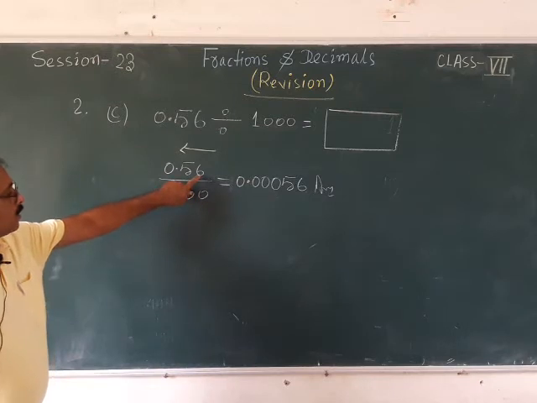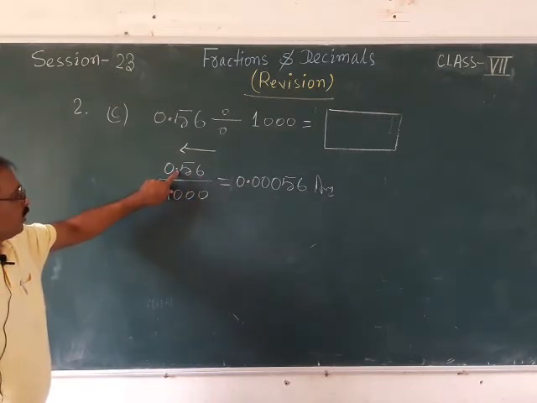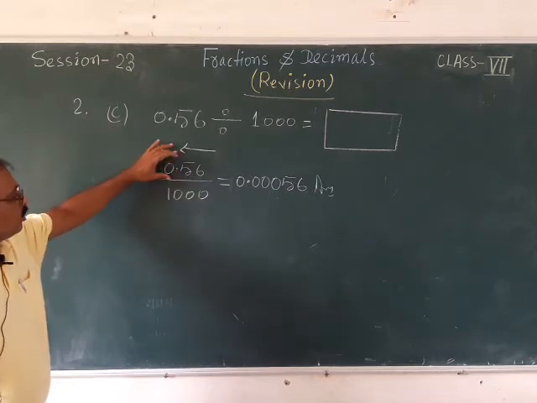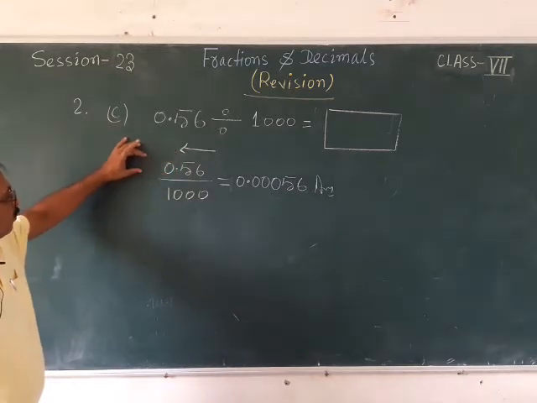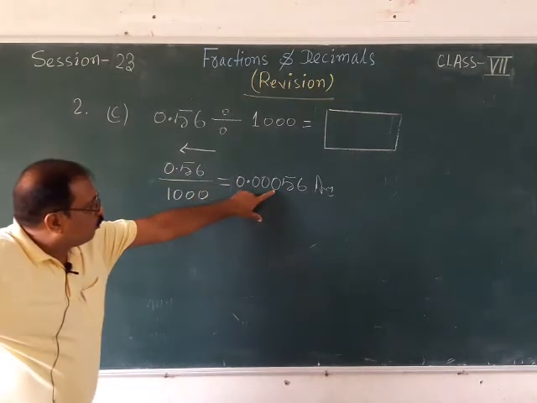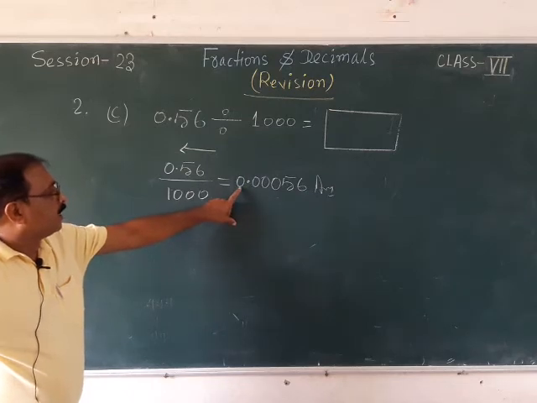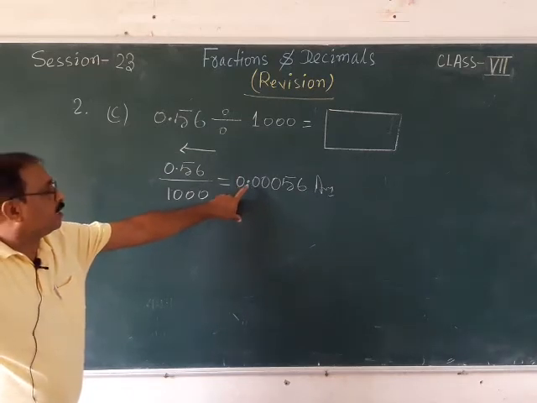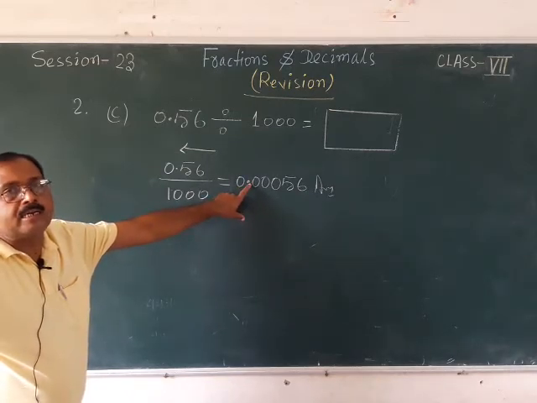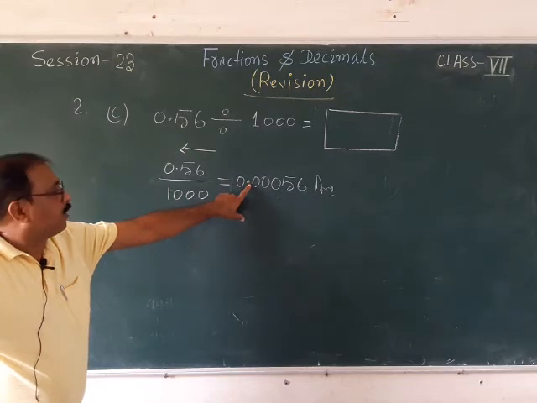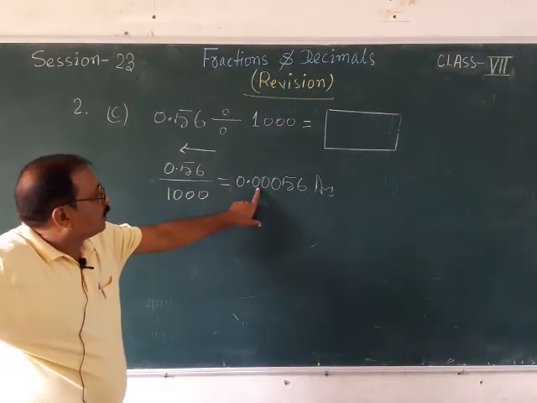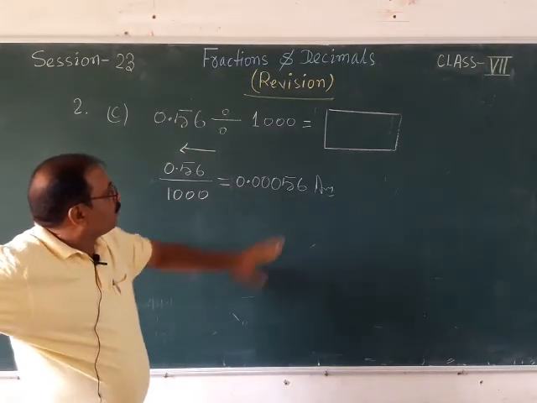After the point you have to move the decimal 3 digits back. For that you give 3 zeros, then put a decimal point, and this 0 is to protect the decimal so that it is clearly visible, and you can write your answer 0.00056.